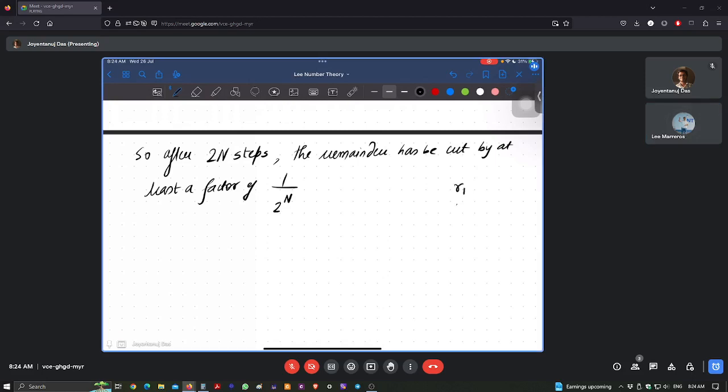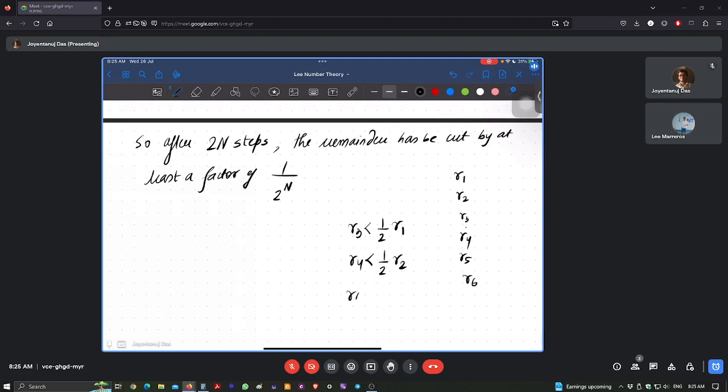Suppose I have this sequence R1, R2, R3, and so on. Let me write down a few more steps: R4, R5, R6. Suppose we have 6 steps. Previously I showed that R3 is less than half R1, R4 is less than half R2, and R6 is less than half R4.